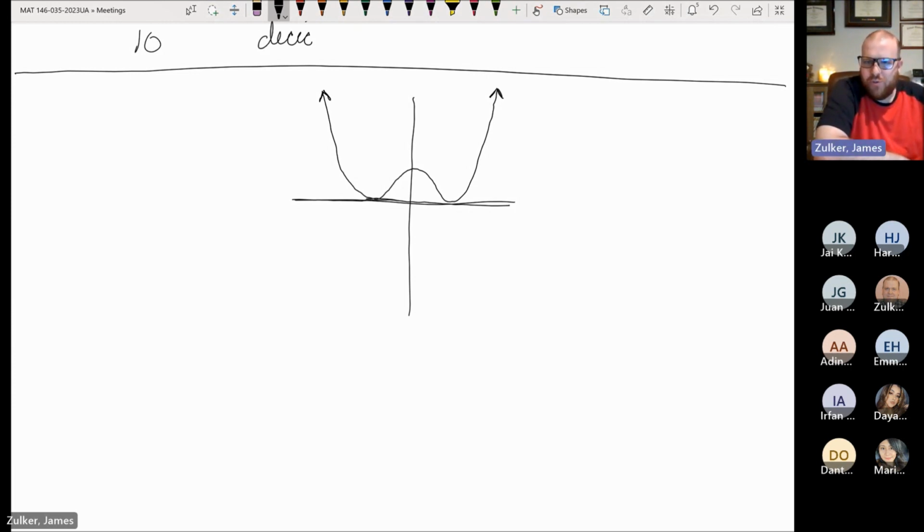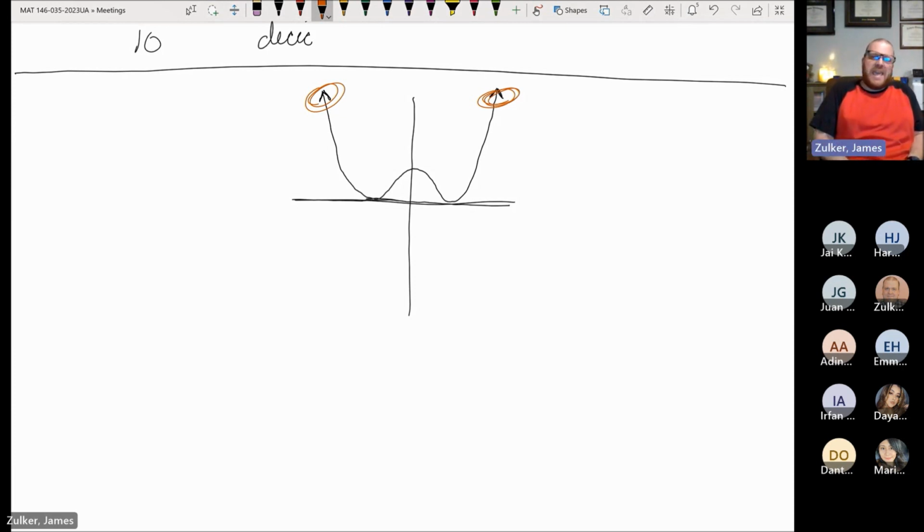What does the function do at the ends, right? So in this case, the function keeps increasing, right? It keeps going up.